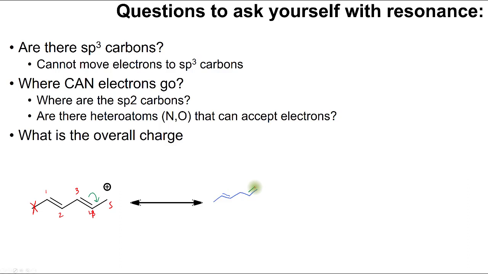And by doing that, I've taken electrons out of carbon 3, so that is now positive. I can move the electrons from 1 to 2 into the 2 to 3.